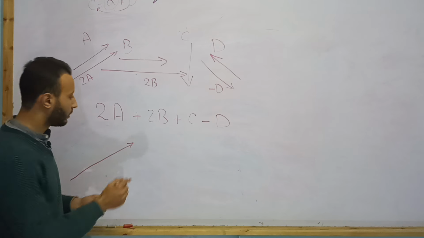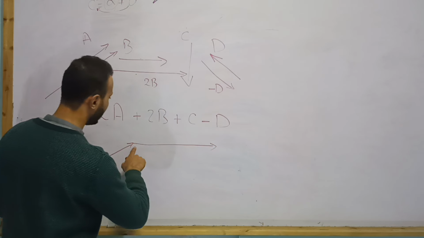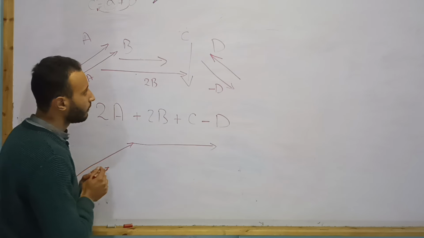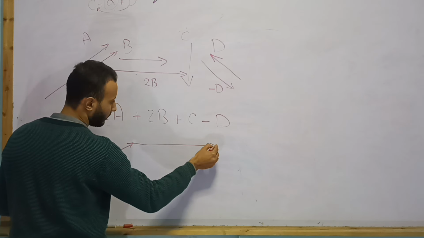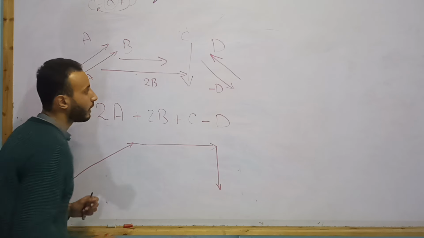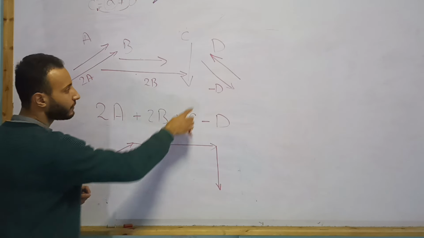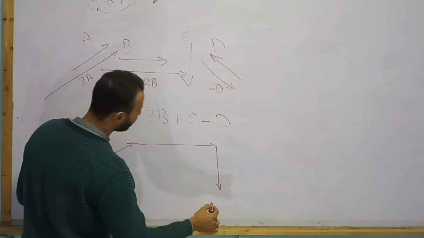Plus 2b, this one, head of the first vector with the tail of the second vector, head and tail. Then c like this. Okay, then we have negative d. This is negative d. So negative d is like this.